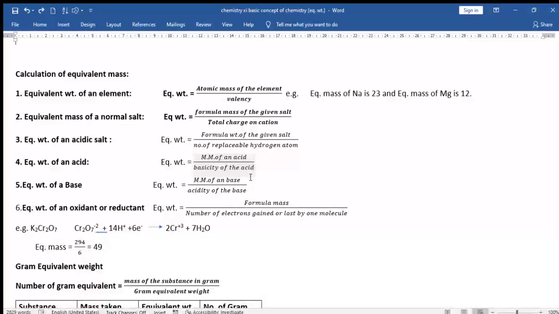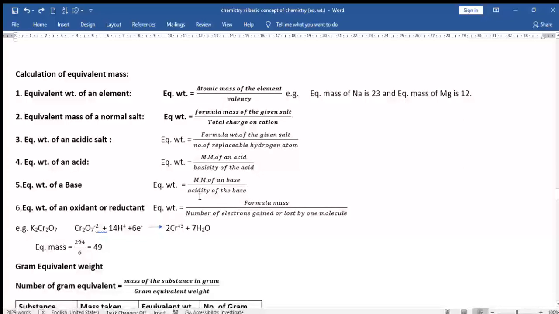As in the case of HCl, the basicity is 1. In the case of H2SO4, the basicity is 2. In the case of oxalic acid, H2C2O4, the basicity is also 2. So you put the molecular mass and divide by the basicity, and you get the equivalent mass of that acid.